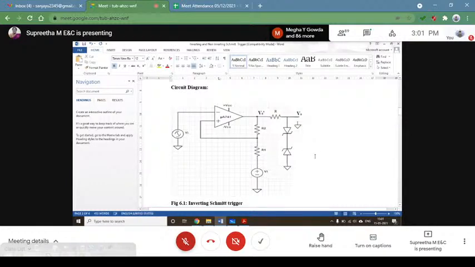So if I ask you to limit your amplitude to a Zener voltage of 5 volts, based on that you need to find out what is the resistance required between VO dash and VO. Okay.